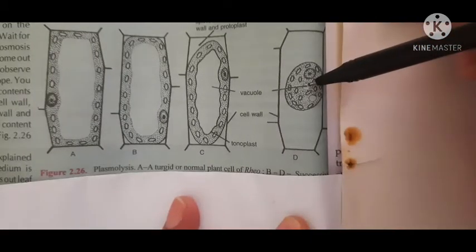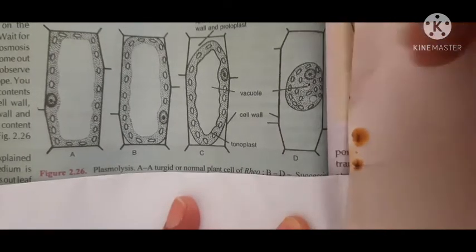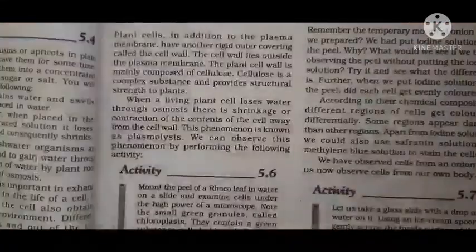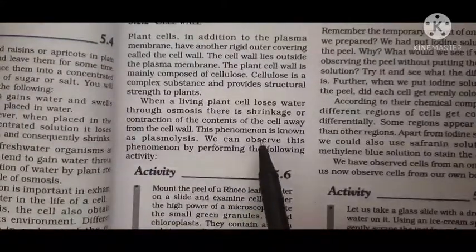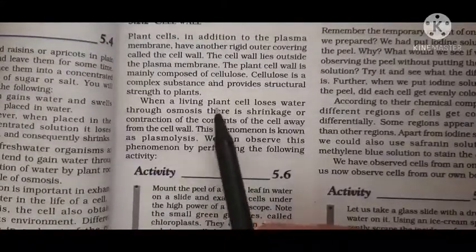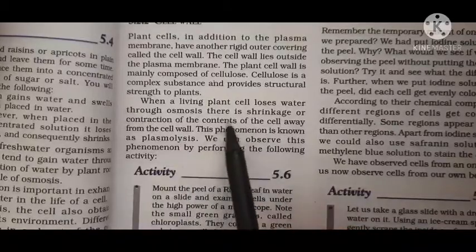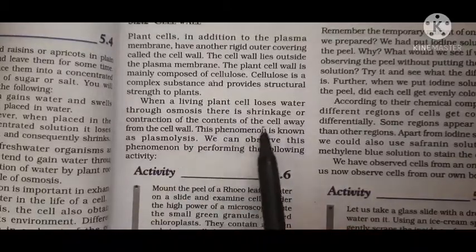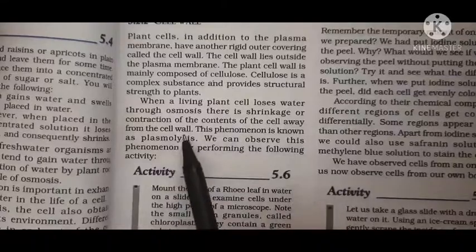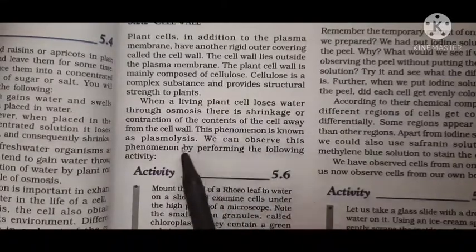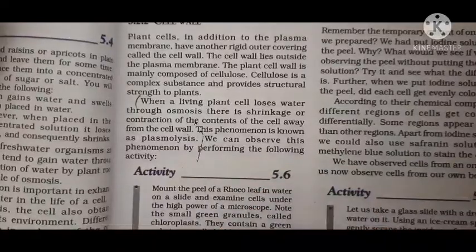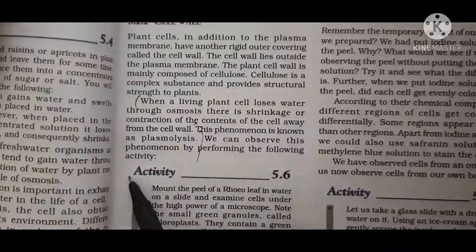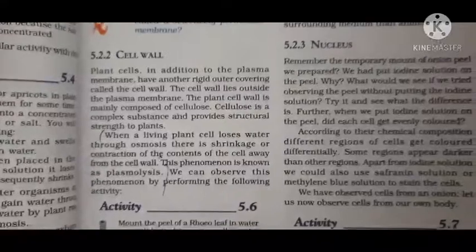This is called plasmolysis. You can see the phenomenon here: when the living plant cell loses water through osmosis, there is a shrinkage or contraction of the contents of the cell away from the cell wall, and this phenomenon is known as plasmolysis. Very, very important.